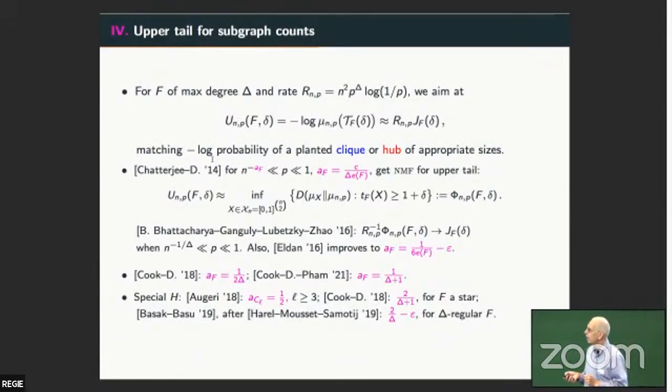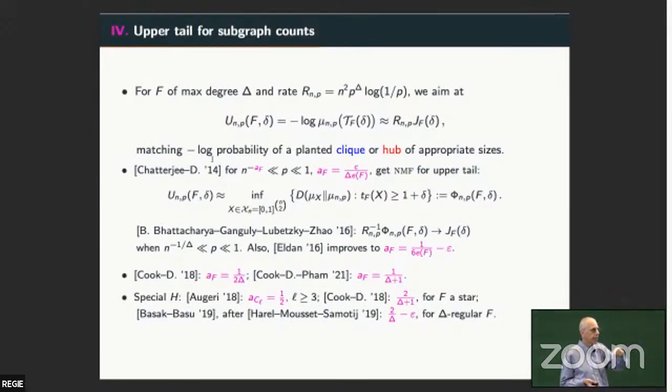For special graphs, at the same time, Augeri used random matrix theory to get the optimal result for cycles. If you look for cycles, if you calculate it in terms of the adjacency matrix, it simply corresponds to taking the trace of powers of the adjacency matrix. Because a cycle is i connected to j, connected to k, connected to l.